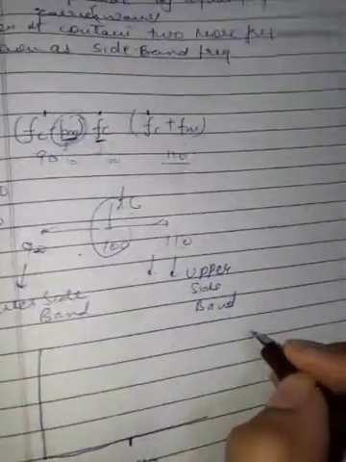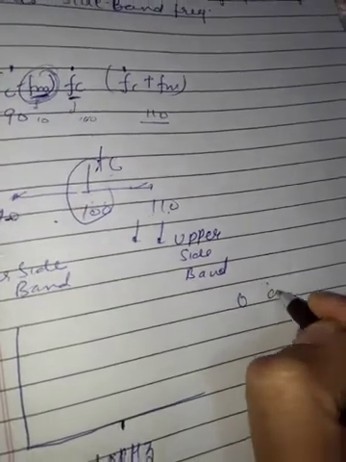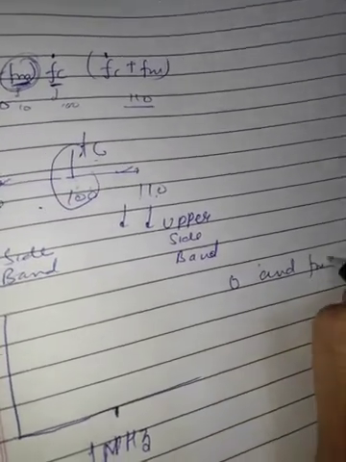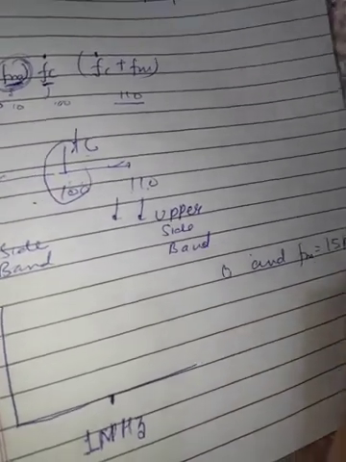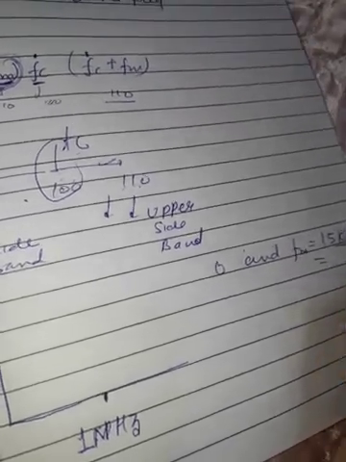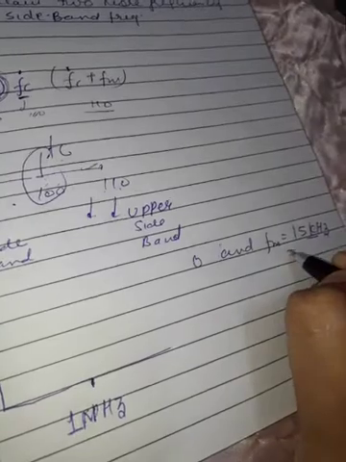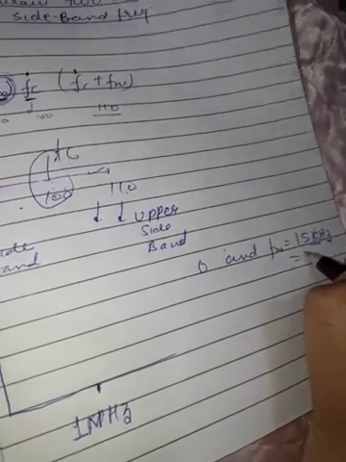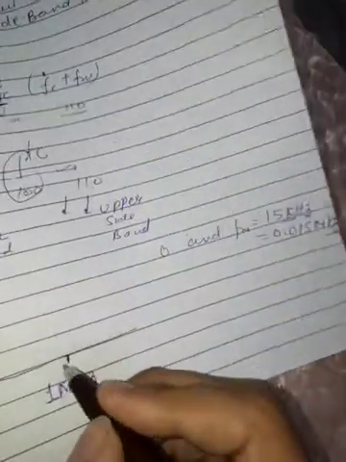The carrier wave is modulated with frequencies between 0 and, what is the frequency of fm in the signal? 15 kilohertz. 15 kilohertz means you have to convert into megahertz. It will be 15 divided by 1000, so it will be 0.015 megahertz.